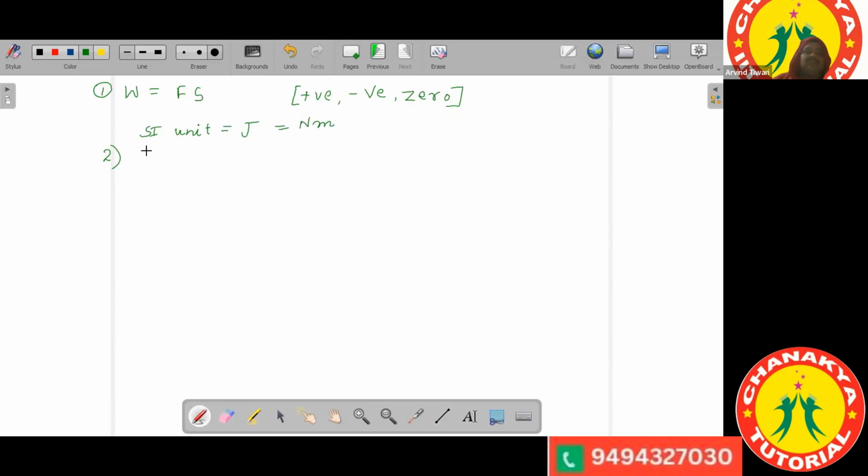Then we had done something about potential energy. And in that, basically, we had done about gravitational potential energy. We had also done about the different other forms of the potential energy, but we had seen the measurement of the gravitational potential energy, which is given by mgh.